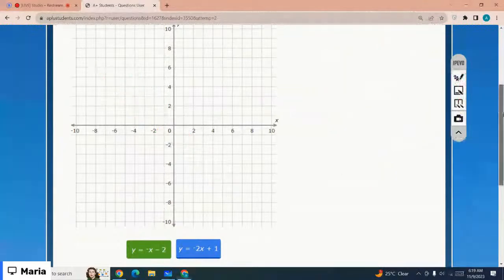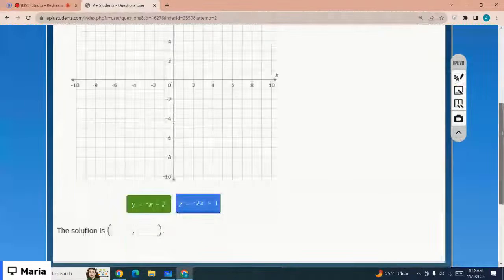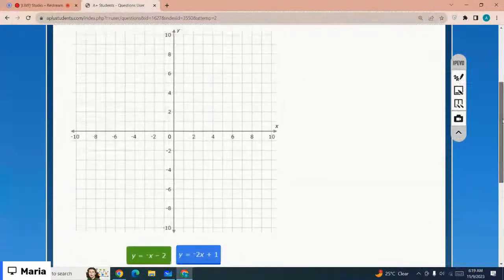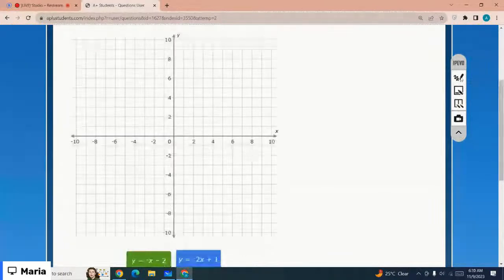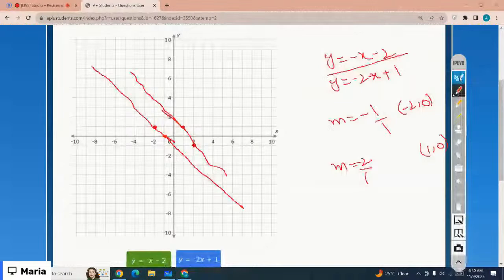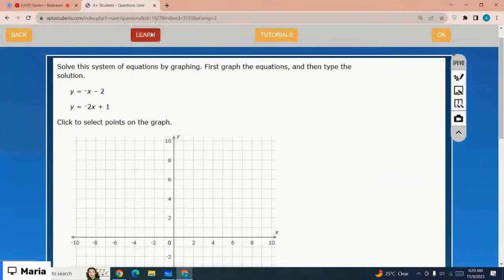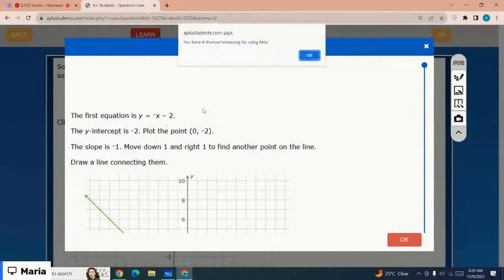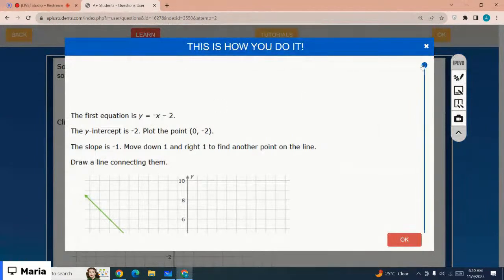Okay, hold on, let me see. Okay, x is 0, y is negative 2.